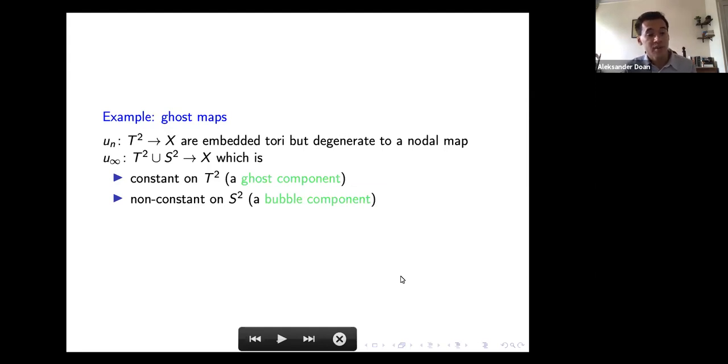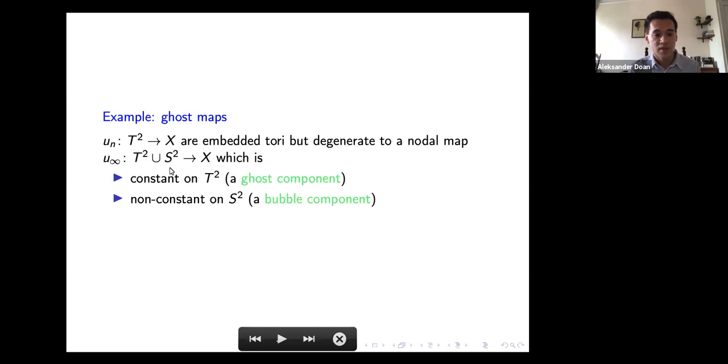It can happen that you have a sequence of pseudo-holomorphic embeddings of tori representing the same homology class. But in the limit, they degenerate to a nodal map from a nodal Riemann surface with two components: one component is a torus and one is a sphere. The limiting map is constant on the torus, which is called the ghost component, and non-constant on the sphere, which is called the bubble component.